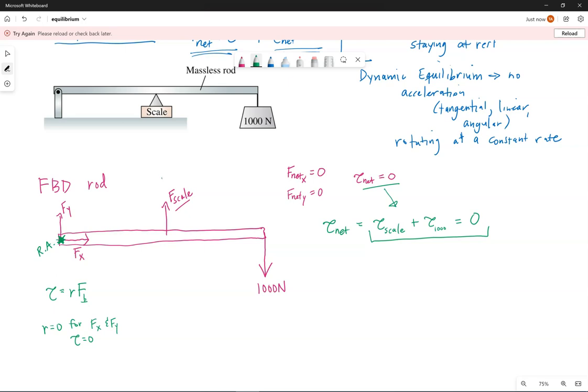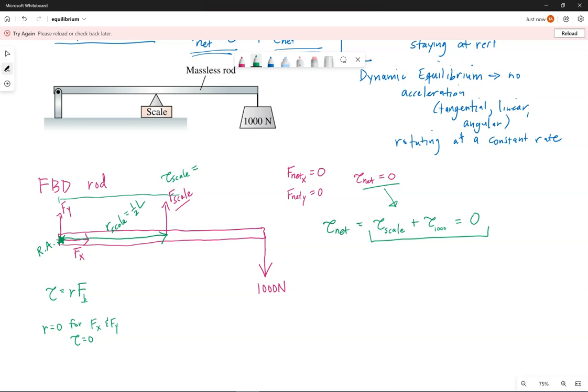Now, the torque caused by this scale. I would draw my lever arm from the rotation axis out to this force. So this R for this scale, I'm just going to write it as half the length of the entire rod.